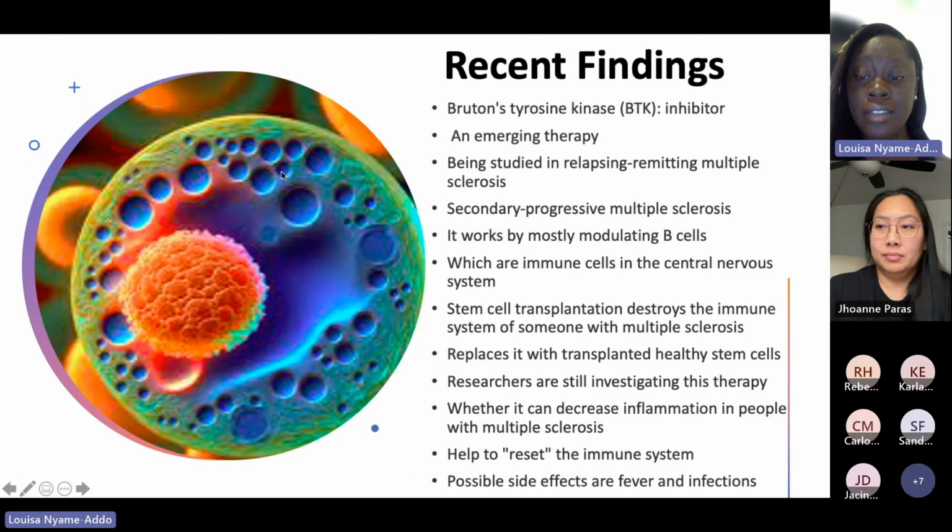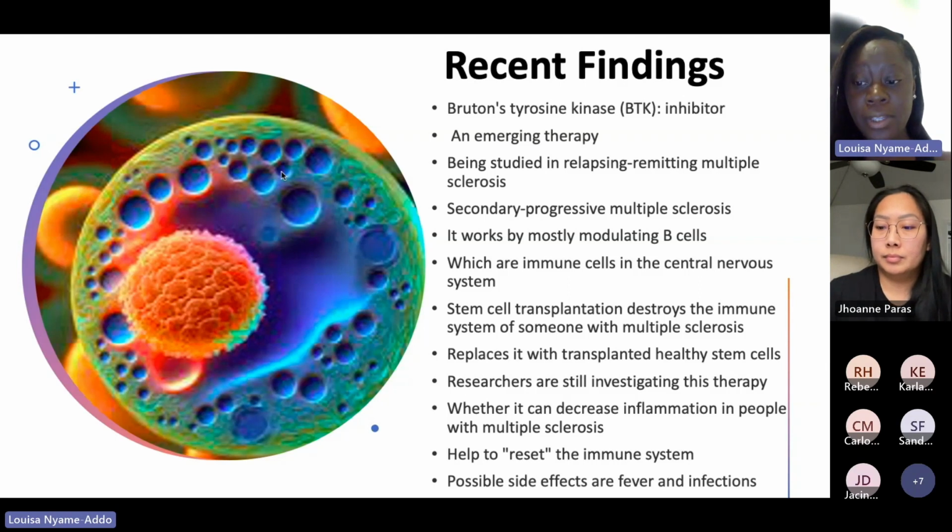So recent findings. Bruton's tyrosine kinase, which is known as BTK, is an inhibitor that is an emerging therapy being studied in relapsing remitting multiple sclerosis and secondary progressive multiple sclerosis. It works by mostly modulating B cells, which are immune cells in the central nervous system.